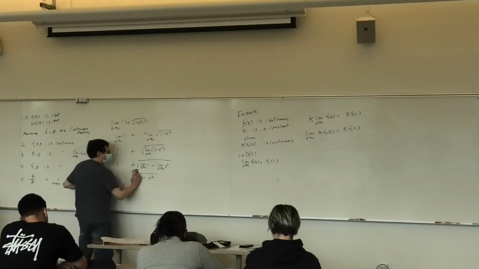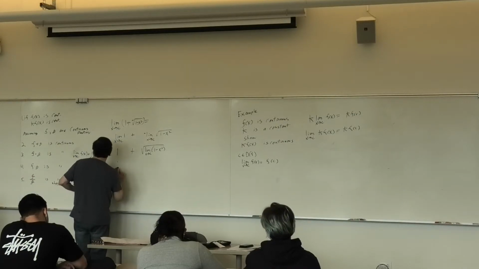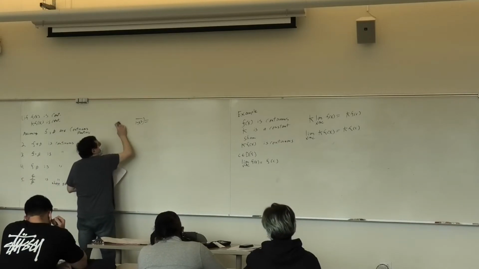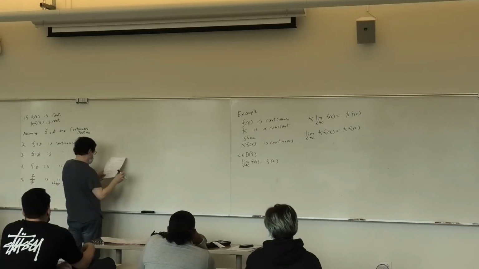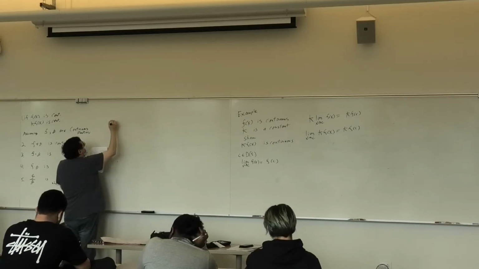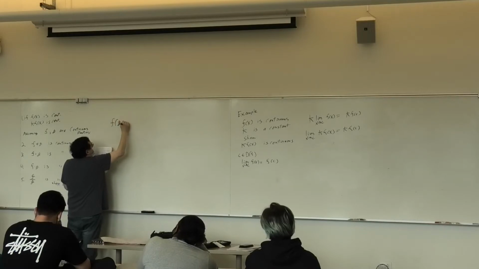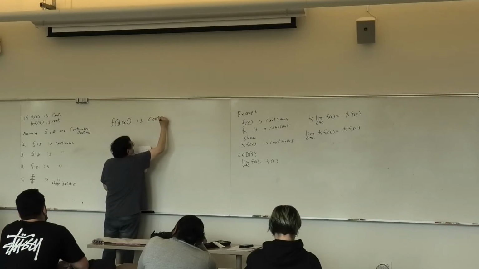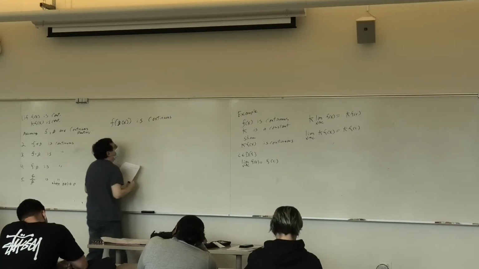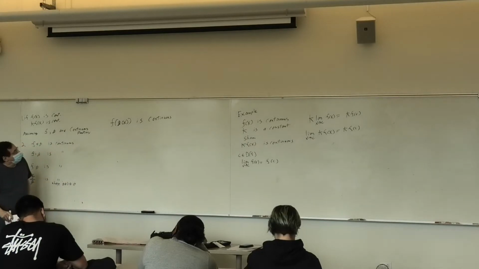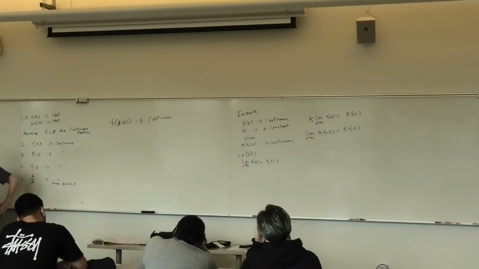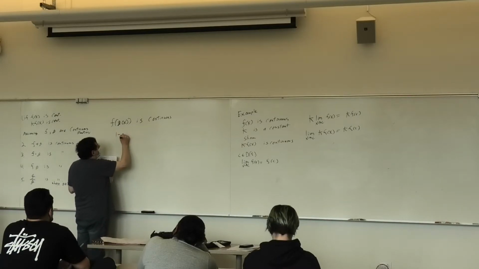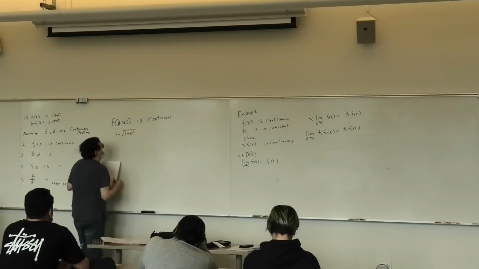Lastly, if f and g are continuous functions, then f of g of x is continuous. That would have helped with our example, I think. The example is 1 minus the square root of 1 minus x squared.